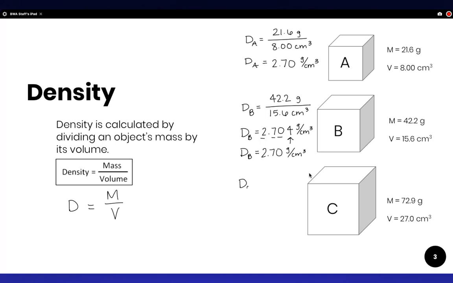The density of block C is equal to 72.9 grams divided by 27.0 centimeters cubed.